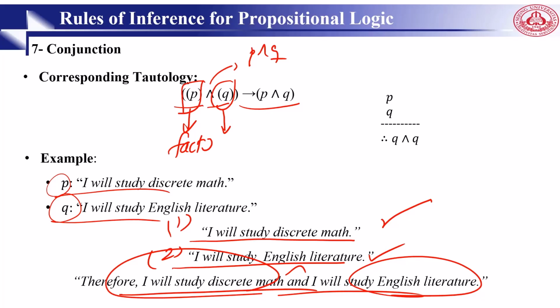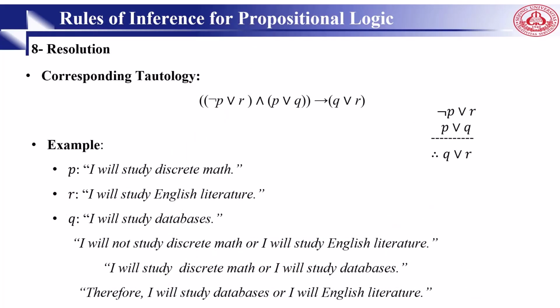The last rule of inference for propositional logic is resolution. Resolution plays an important role in artificial intelligence. We say that not P or R, and P or Q, implies Q or R. A little bit tricky, right? Because negation is here. Not P or R, P or Q, right?